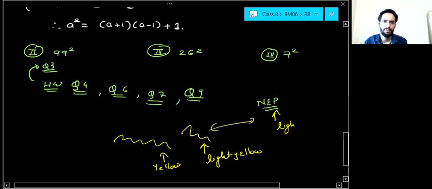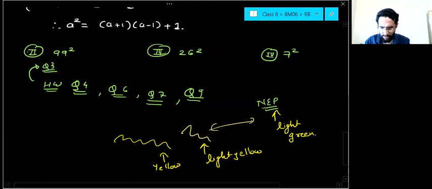Sir, yellow is better. Okay. For yellow, your eyes are not straining. Okay, so let us try yellow.